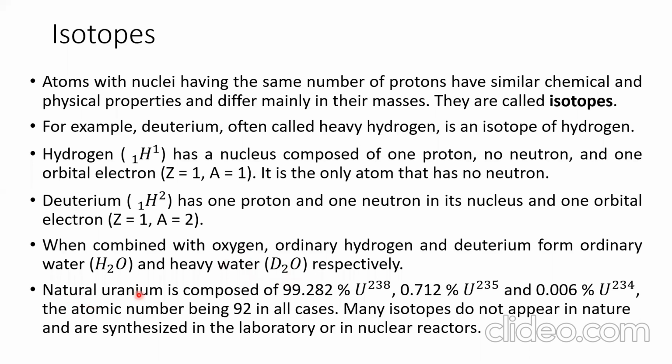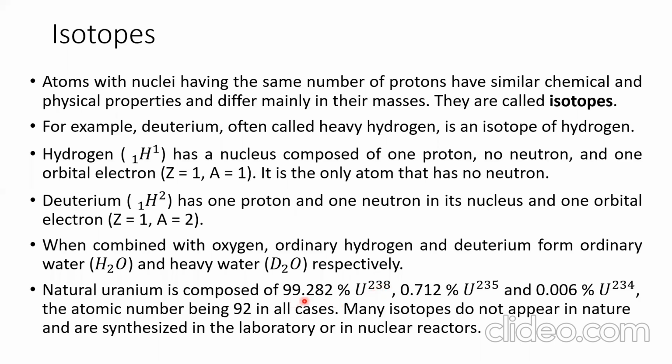Similarly, natural uranium also has isotopes. One is uranium 238, where 238 is the mass number, meaning the number of protons plus the number of neutrons in uranium 238 is equal to 238.